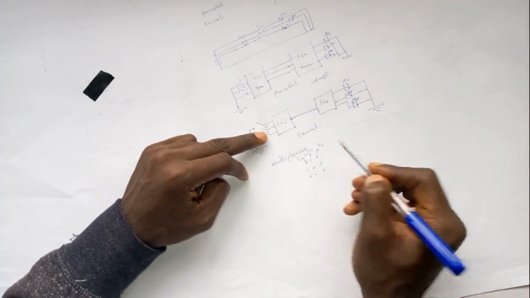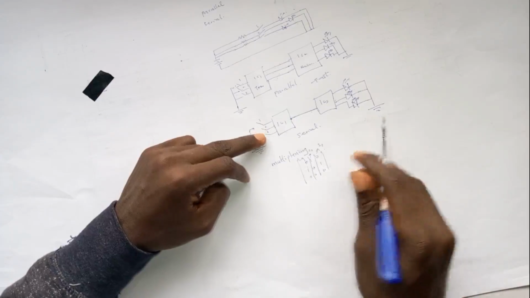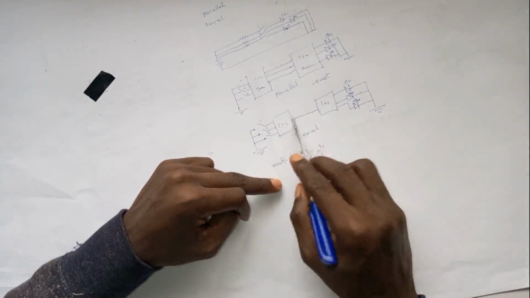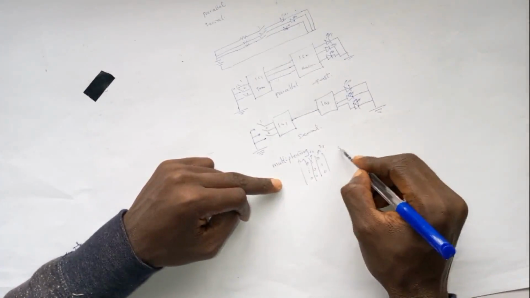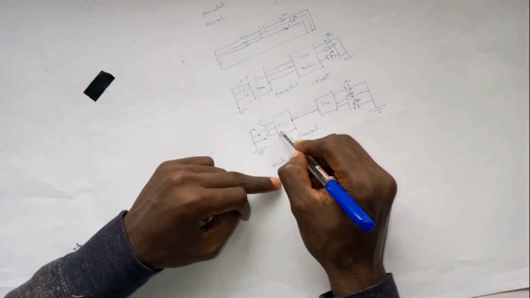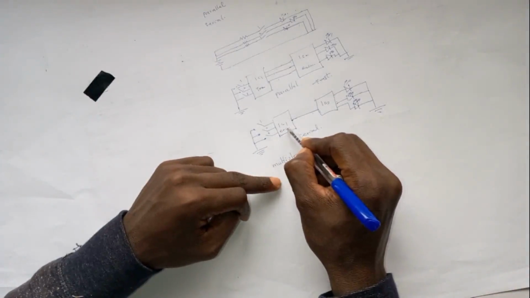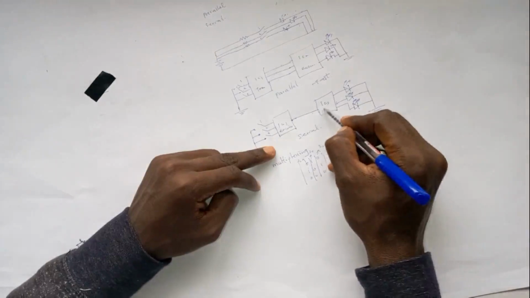So if the signal that is passing through this line is 0, 1, 0, in this case, this will be an encoder, and this will be a decoder.